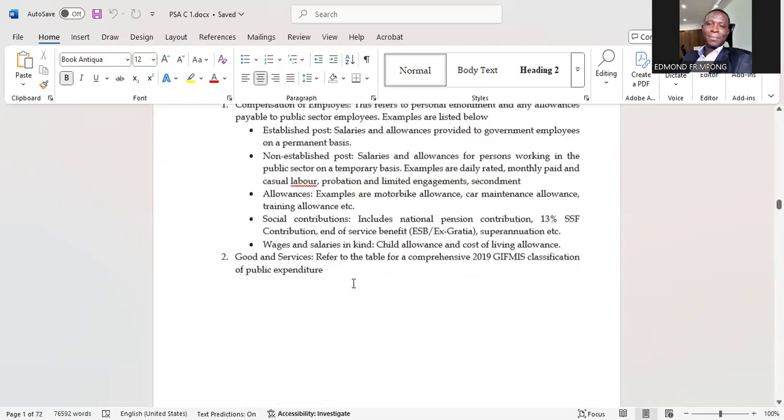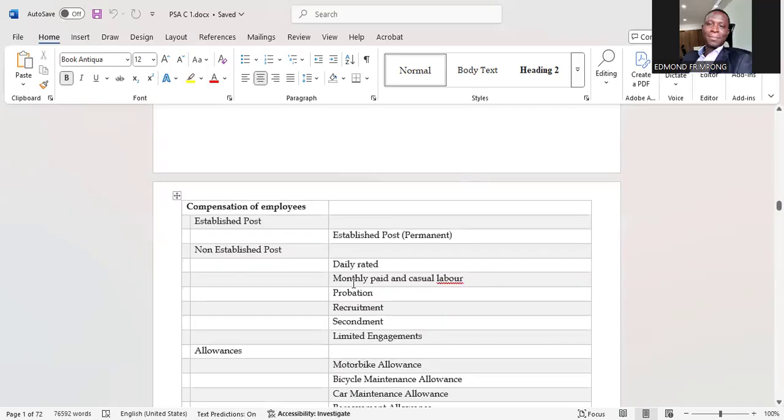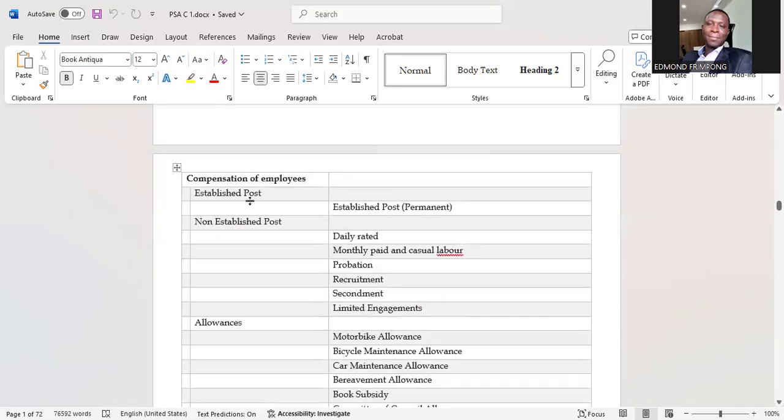Okay. So when we say compensation of employees, we're talking about established posts and non-established posts. Don't forget, in the exams, the examiner will give you a trial balance and then list so many expenditures. And the examiner wants to test your knowledge, whether you'll be able to classify them into compensation and then the other types of public sector expenditure.